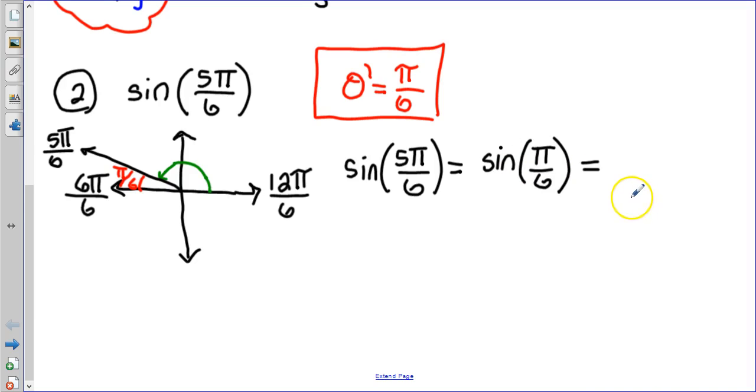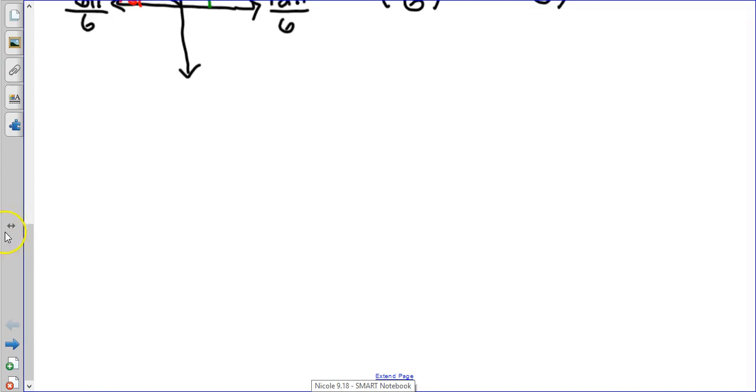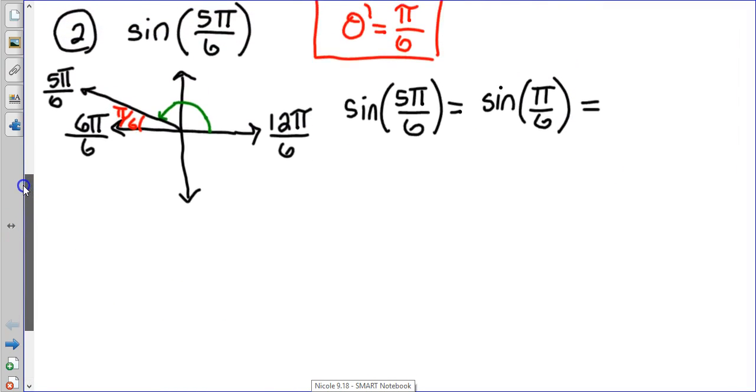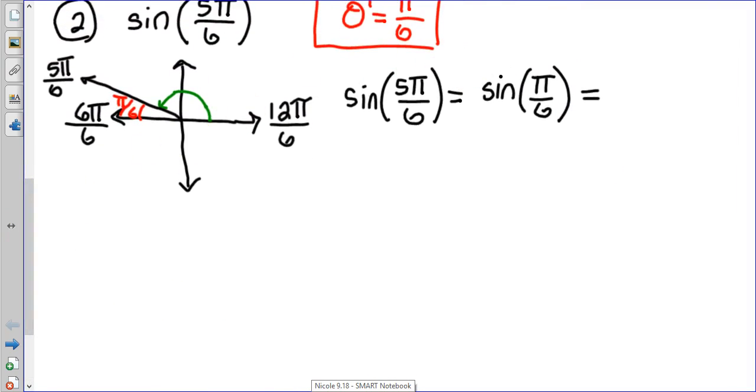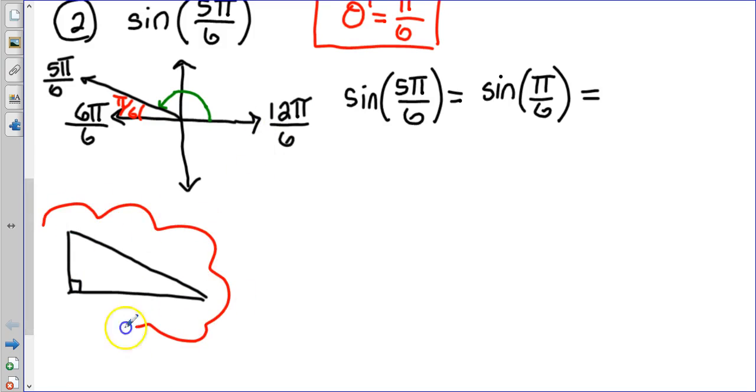Now I ask myself, what is sine of pi over 6? So again, I'm going to create a little brain bubble here. And I'm going to ask that you literally ask yourself, first of all, what triangle do I have? I have a 30-degree triangle. This is my little brain bubble. This is 30 degrees.